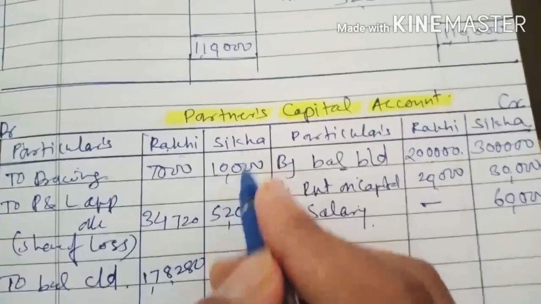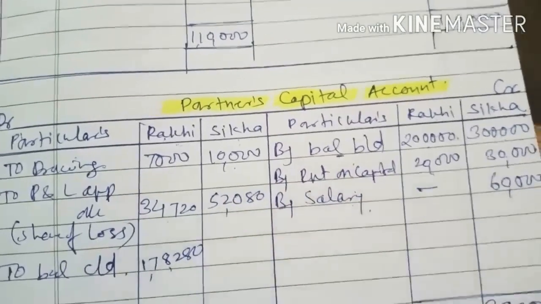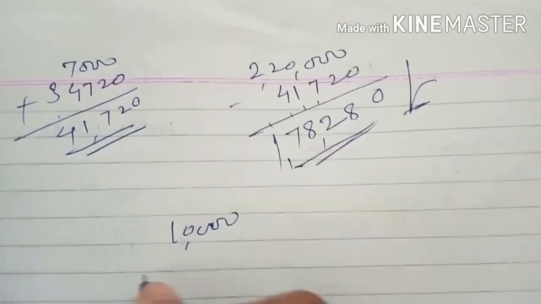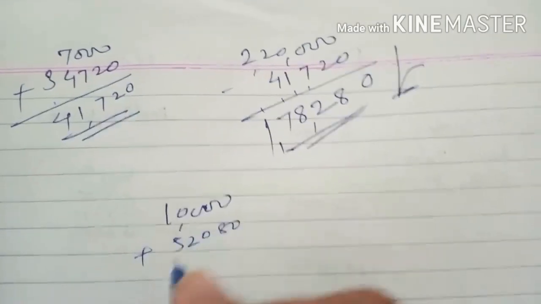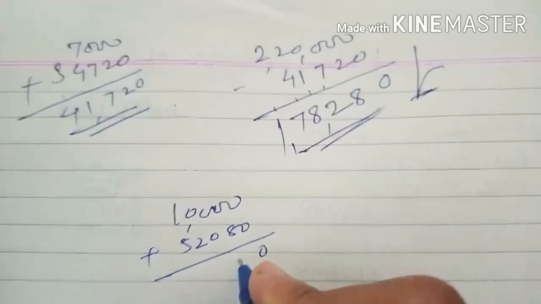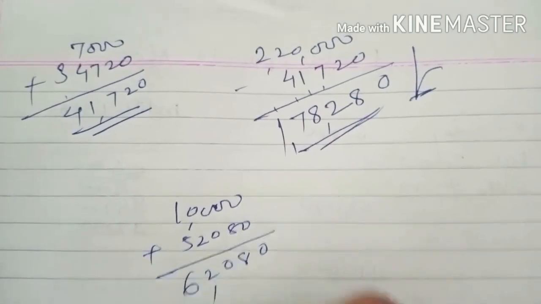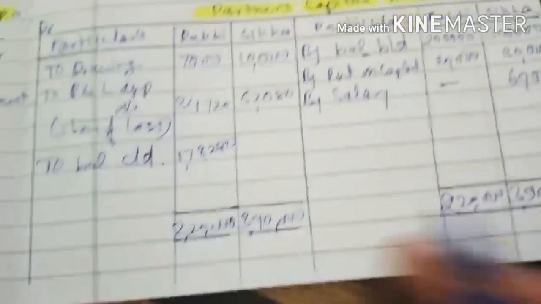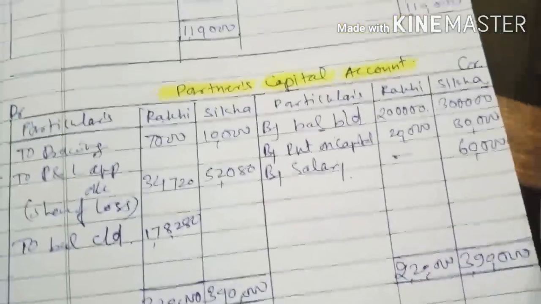What about Sika? Sika's 10,000 rupees plus 52,080 rupees. Let's solve first: 10,000 plus 52,080 is 62,080 rupees. You have to deduct this from 3,90,000 rupees.